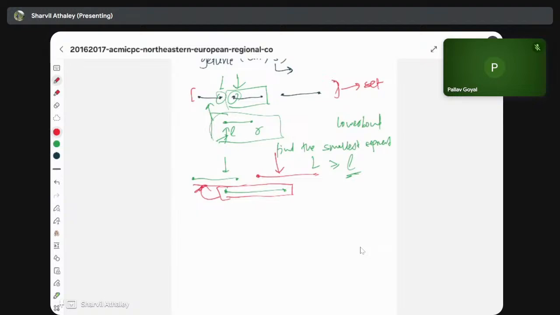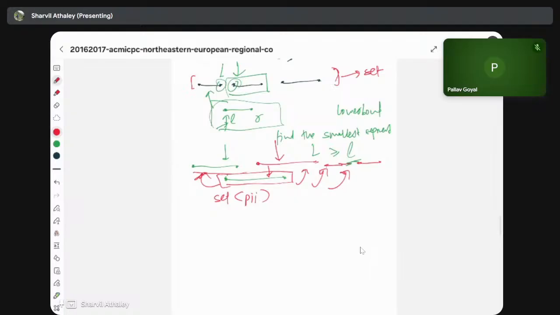So you can just store these segments in a set of pair of int, and then pop out the segments that join with this new segment.